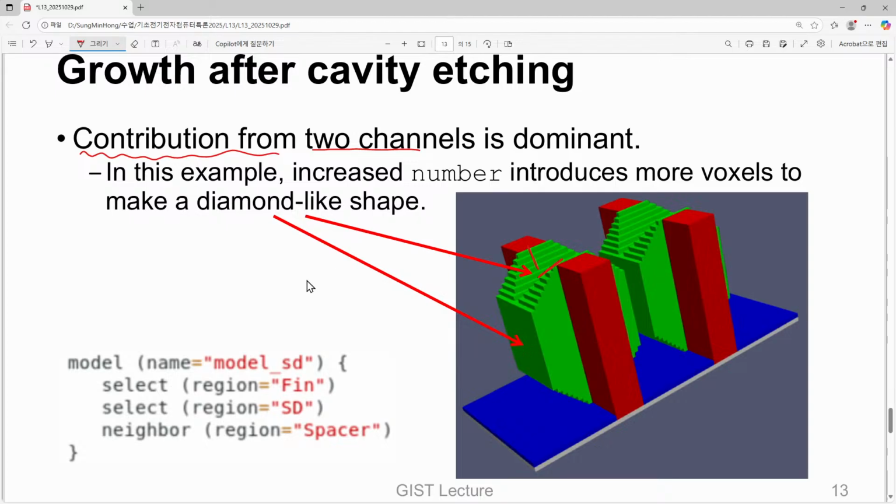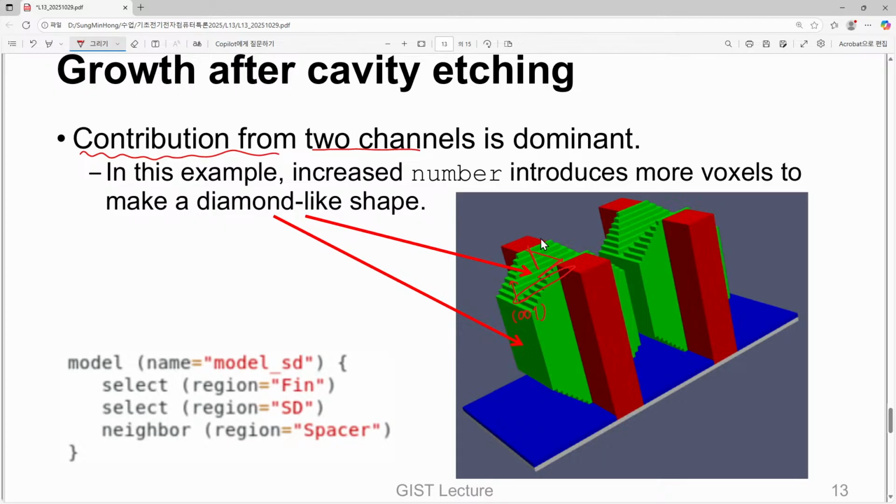And if we add more voxels, then eventually here we have once again a 001 surface, and that one is now grown. And after some time, it becomes just flat.